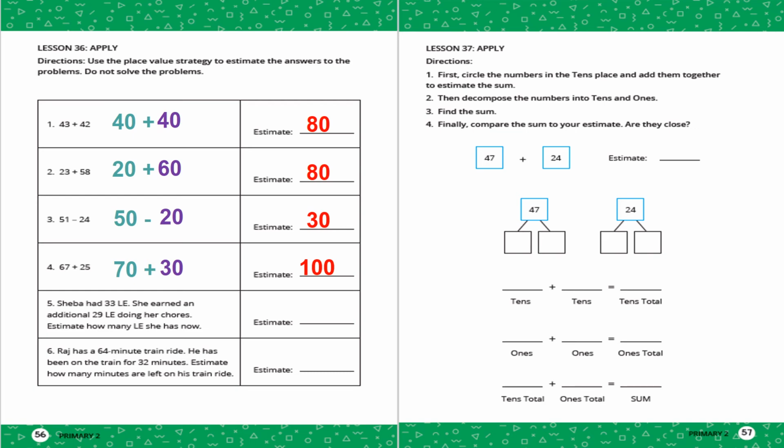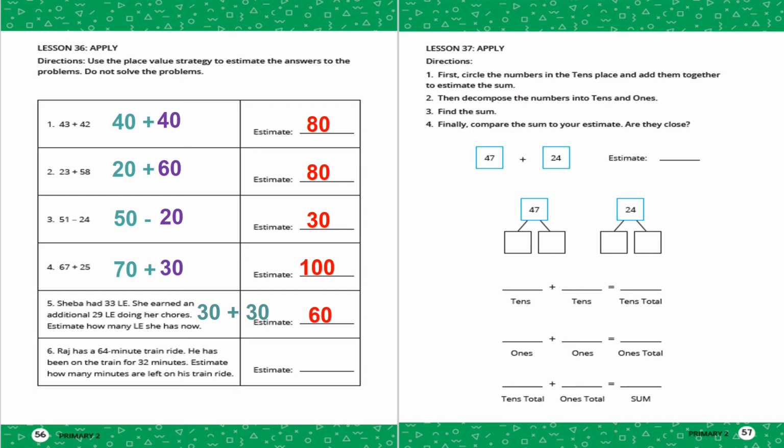Ones is 3, 3 less than 5, so it will be 30. 29. 29 between 20 and 30. The ones is 9. 9 more than 5, so we will go to next door. So 29, it will be 30. 30 plus 30 equals 60.